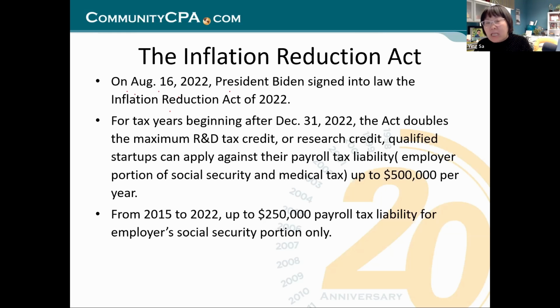Folks, I don't have any client who can go over 500,000. Imagine a tax credit of 500,000. That is a million in sales reduction. It's a big company deal. And I just want you to know that the portion to offset is limited to the employer portion of Social Security and Medicare tax.